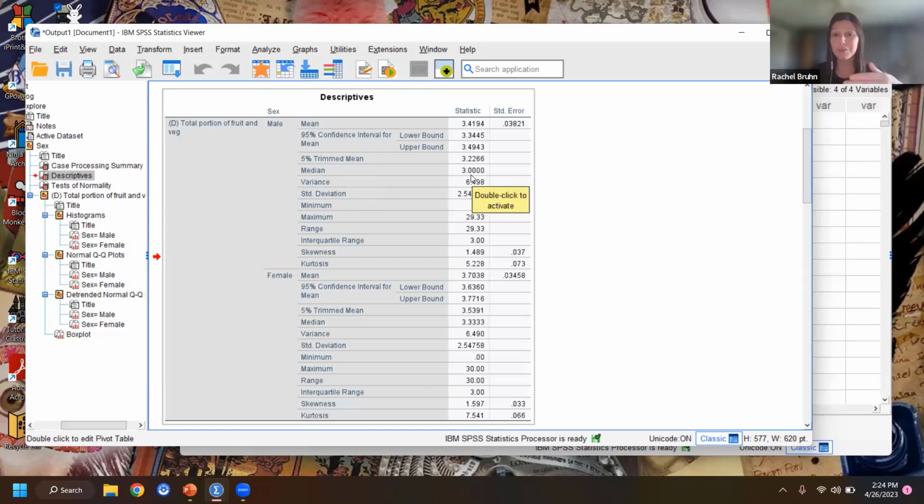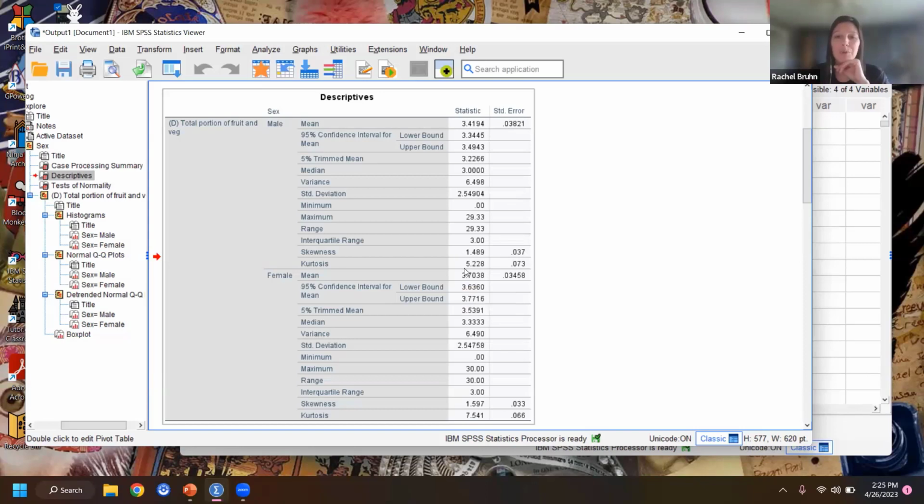I can further evaluate this by looking at the skewness and kurtosis. For simplicity, skewness means, if we think of that normal curve where it's got a peak in the middle, like a hill, skewness is talking about where that hill is. If it's a hill on one side or the other, then it's skewed. Kurtosis is talking about if we have a tall, skinny hill or if we have a low, flat hill.